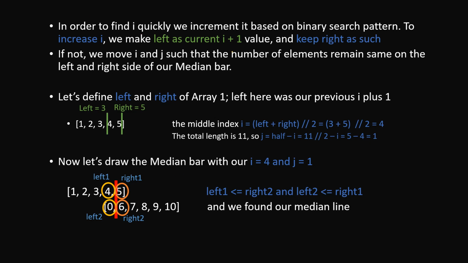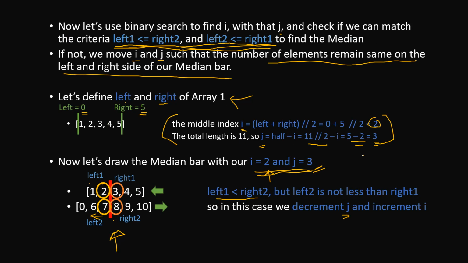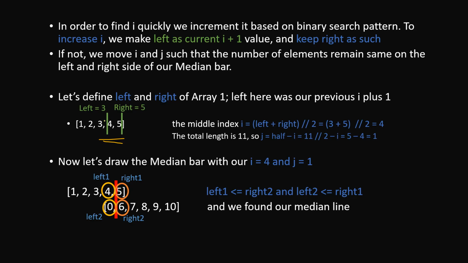So we will again use binary search on our array 1 in order to find a new i value. Remember, our previous i value was 2. So we make it i plus 1 for our next iteration, that is 2 plus 1 is 3.